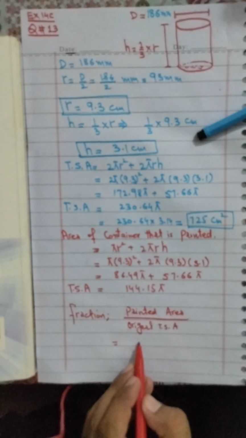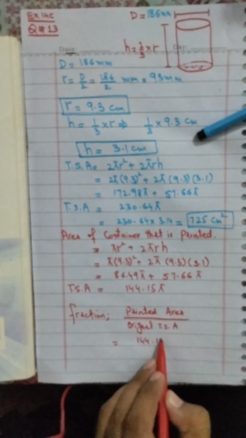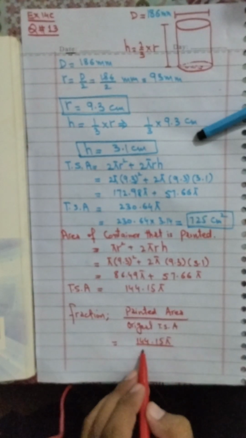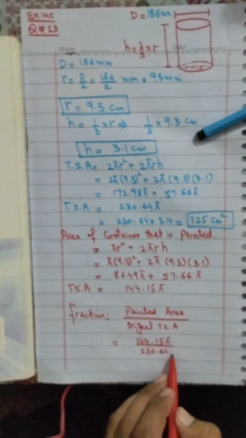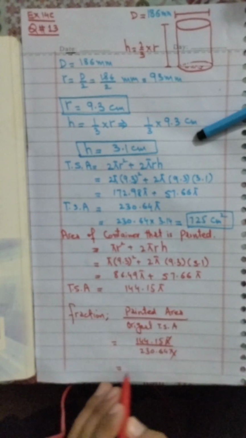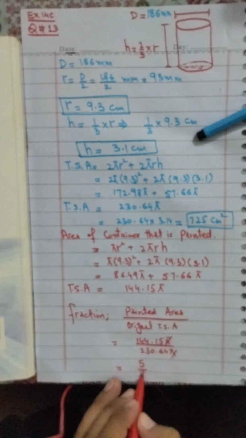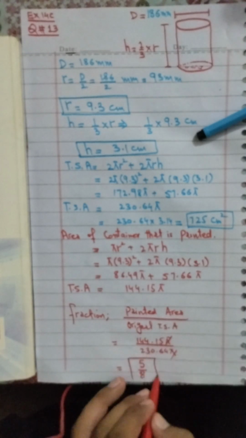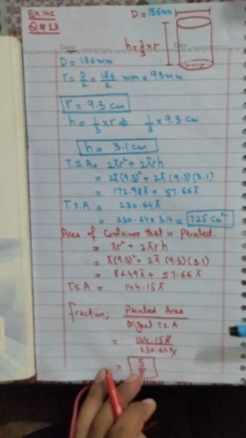When we put in the values accordingly, we get 144.15 pi over 230.64 pi. Pi will cancel out, and when we simplify it becomes 5 over 8. This is the fraction of the painted area to the original surface area.